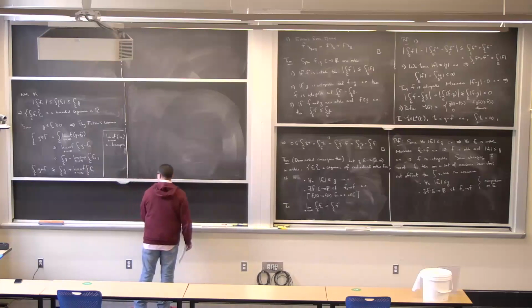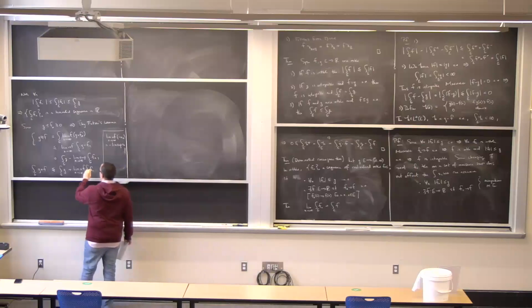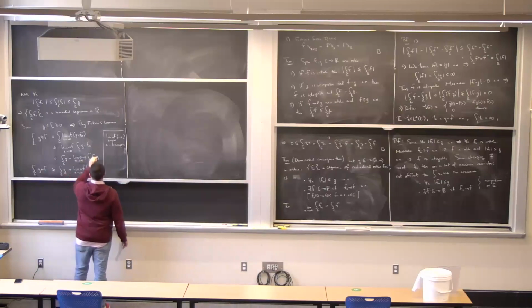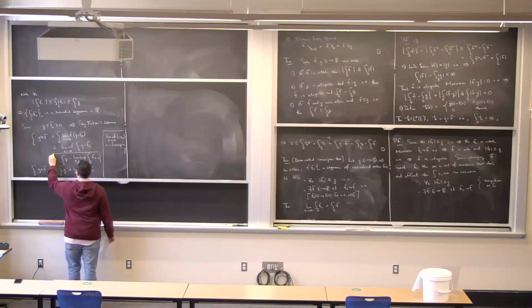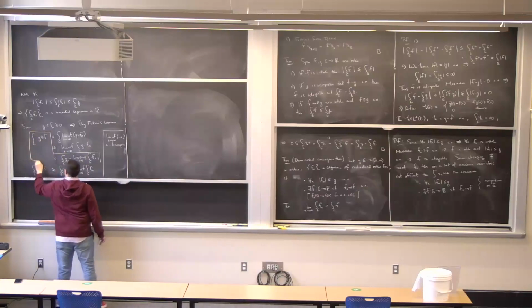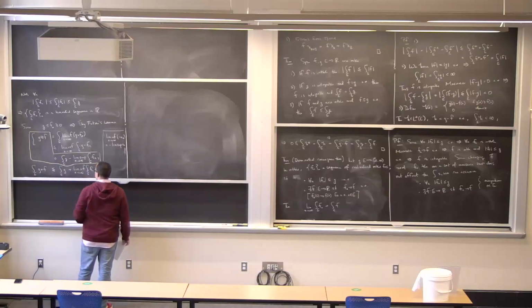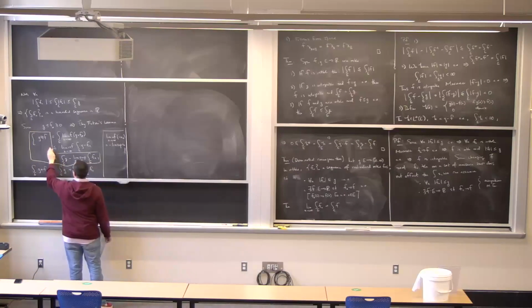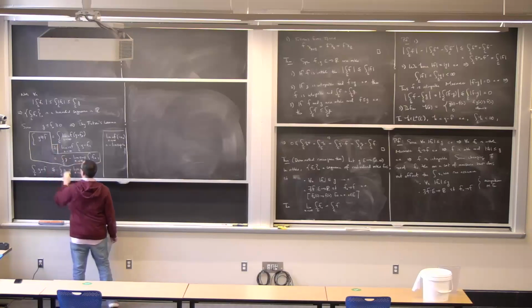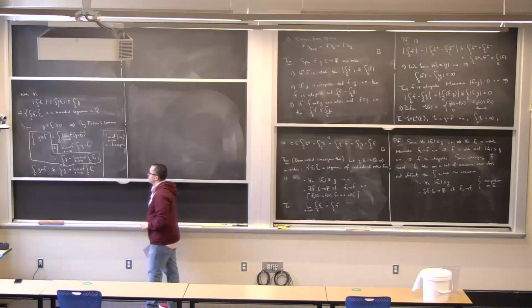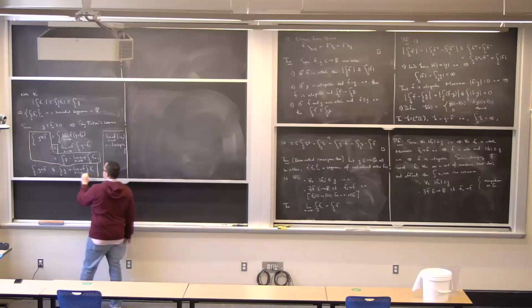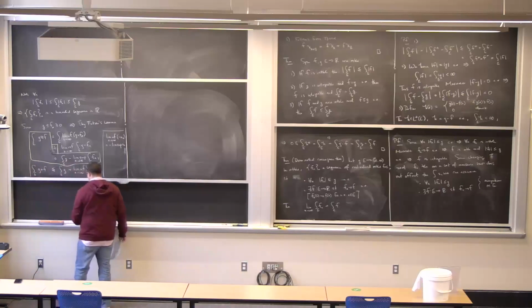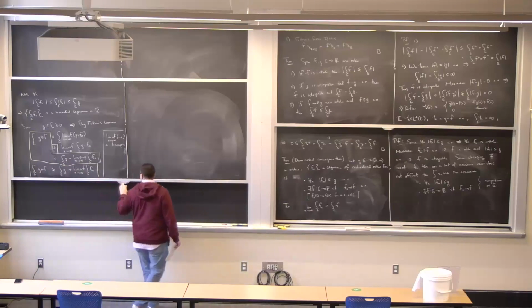So I have two inequalities. I have that, and I should say it's less than or equal to, so maybe include a little bit of that. And then I also have this inequality here.